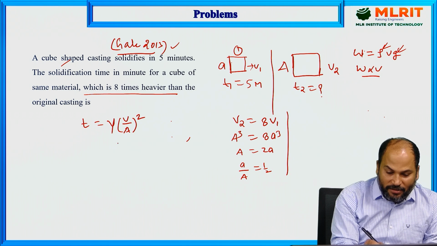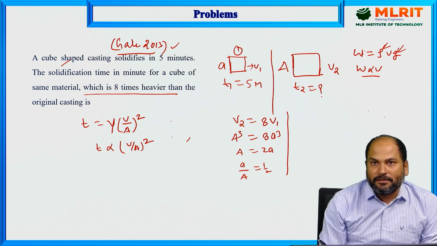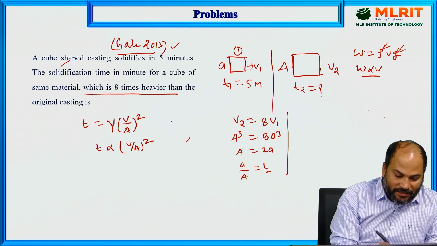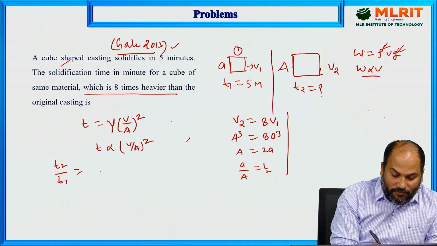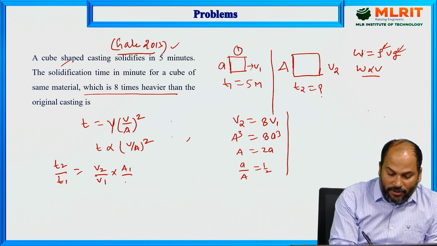As this gamma is constant, we can write T is directly proportional to (volume upon surface area) whole square. If we take T1 as the time for the cube shaped one and T2 for the second one, we can write the ratio T2 upon T1 is equal to V2 upon V1 into (A1 upon A2) whole square.